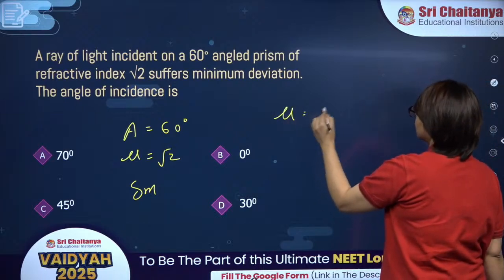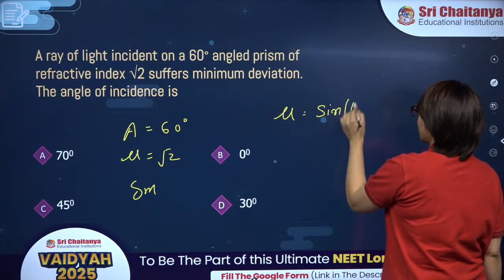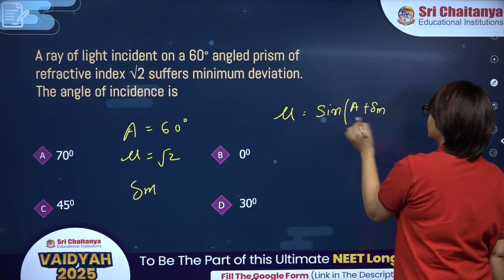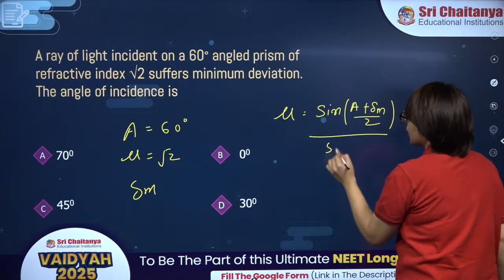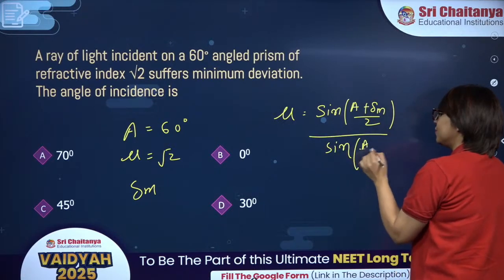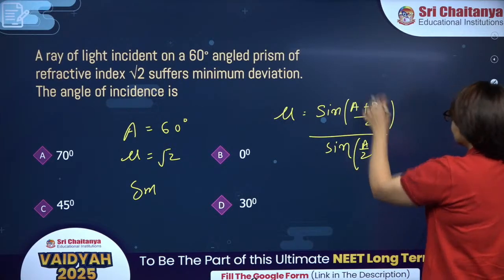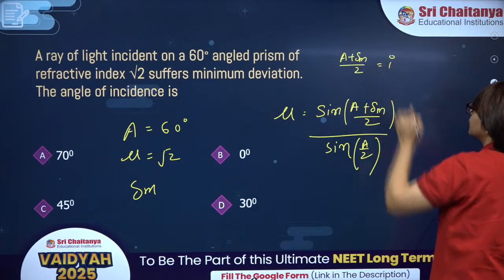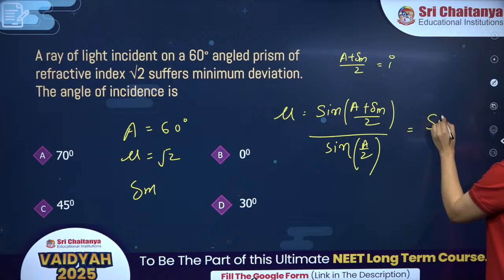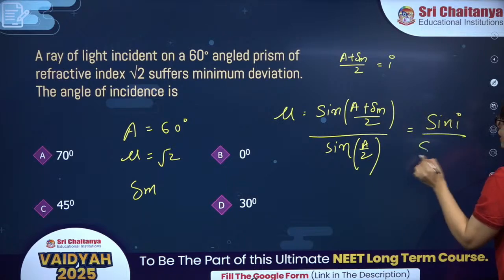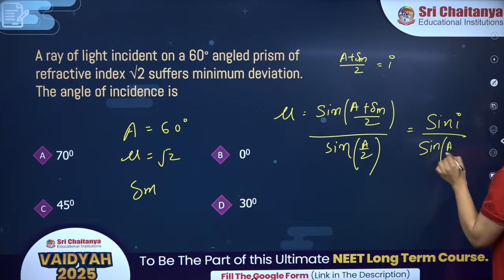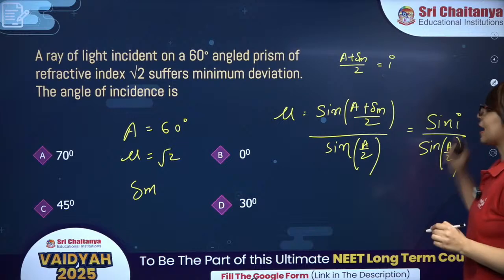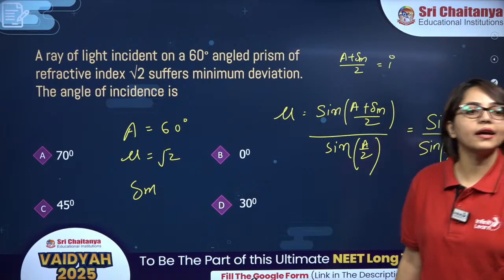Mu is equal to sine of (A plus delta m) by 2 divided by sine of A by 2 for minimum deviation. Here (A plus delta m) by 2 is nothing but the angle of incidence. So it can be written as sine I divided by sine of A by 2. We have to find I, the angle of incidence, not delta m.